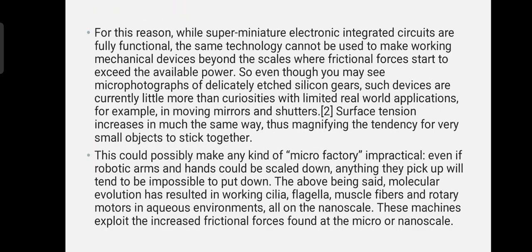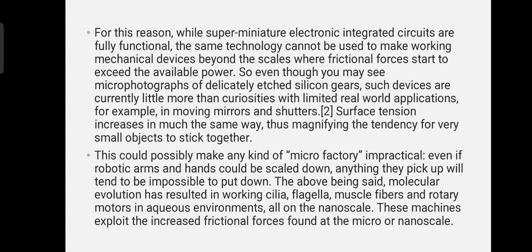For this reason, while super miniature electronic integrated circuits are fully functional, the same technology cannot be used to make working mechanical devices beyond the scales where frictional forces start to exceed the available power. So even though we have seen micro photographs of delicately attached silicon gears, such devices are currently little more than curiosities with limited real world applications.